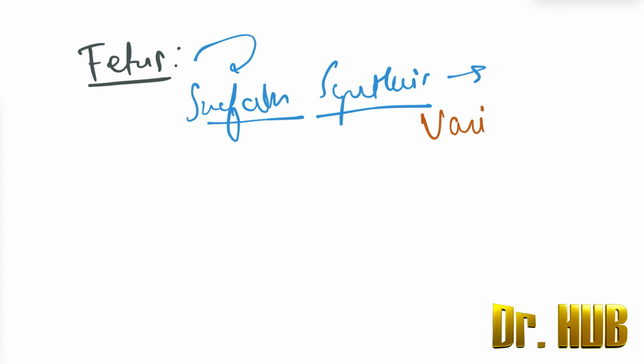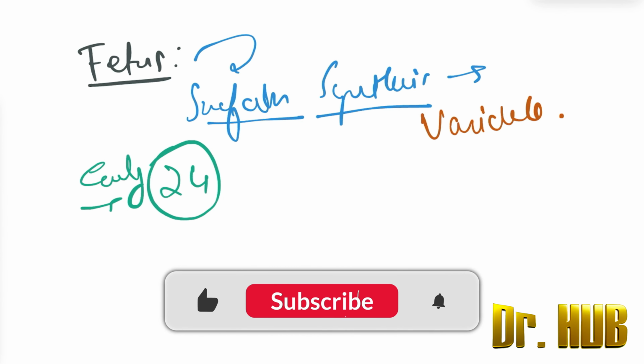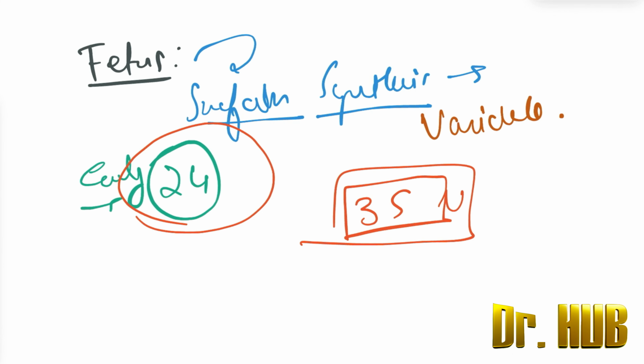The surfactant may be present as early as gestational week 24, and is almost always present by gestational week 35. So this was completely about the pulmonary surfactant.